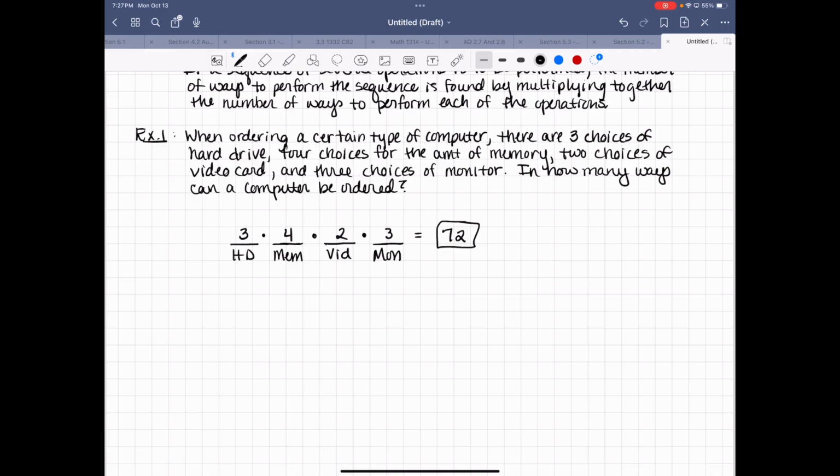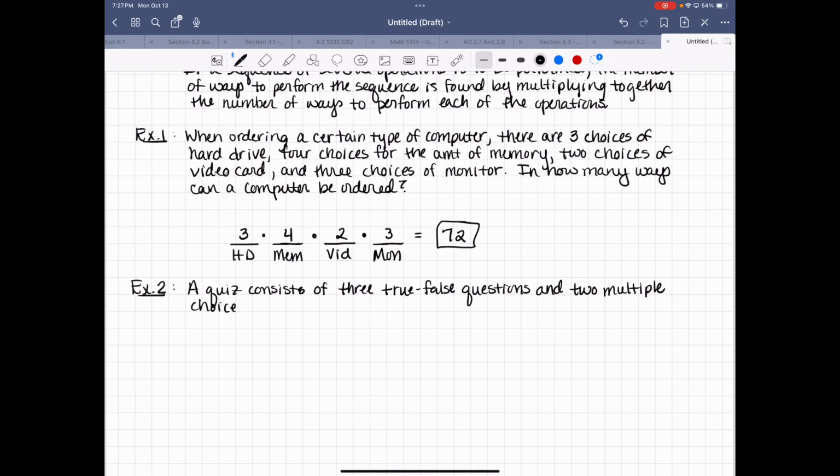Example 2. Okay, a quiz consists of 3 true-false questions and 2 multiple choice questions with 5 choices each.